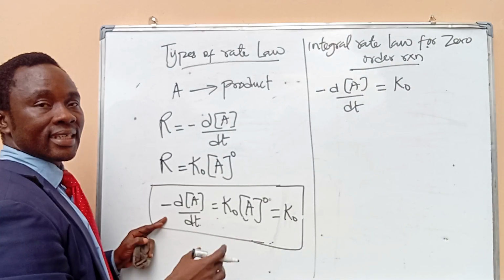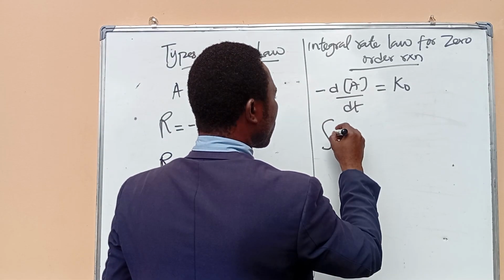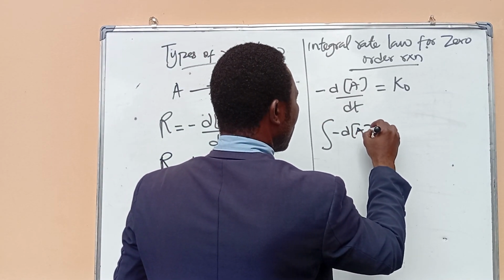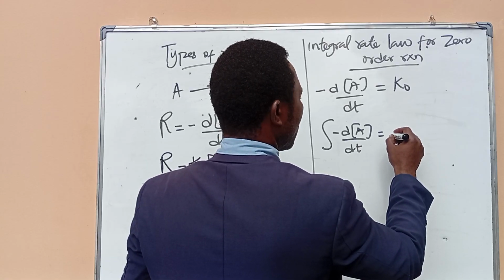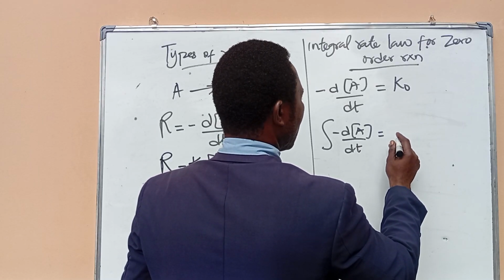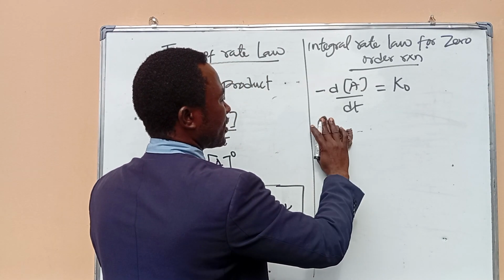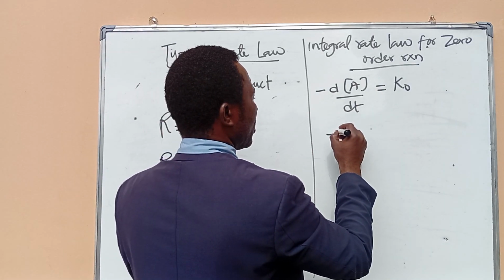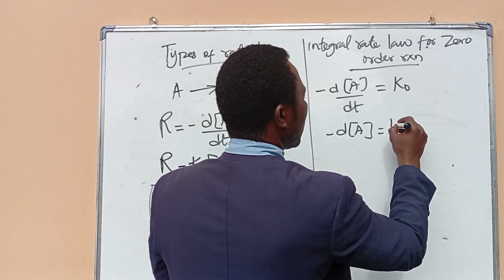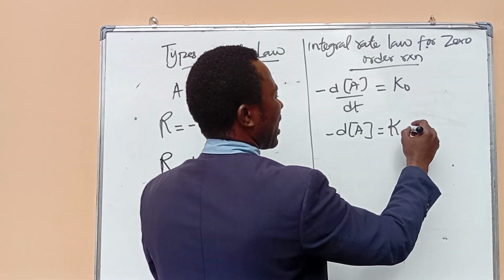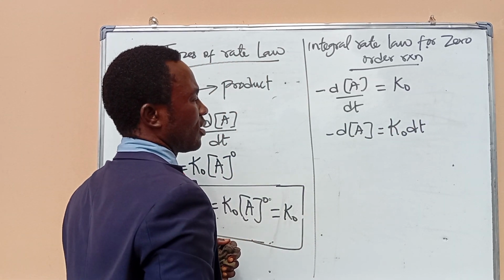Now, we want to integrate. Before I start integrating, let me cross multiply. I have minus change in A equal to K0 dt.